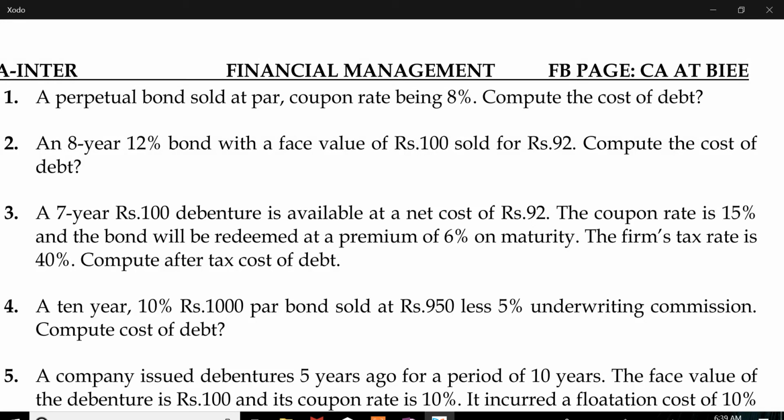Next point, interest after tax equals interest into 1 minus tax rate. Next point, net proceeds and split it into 2: existing issue, new issue.